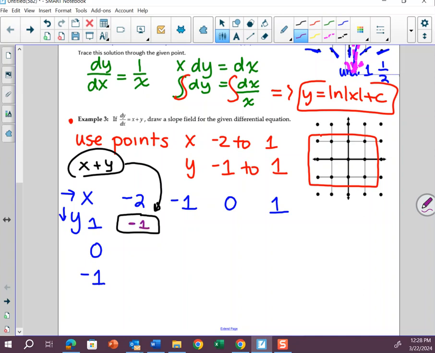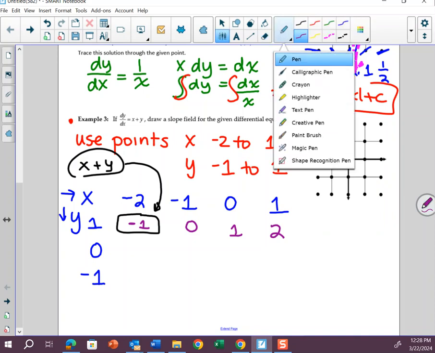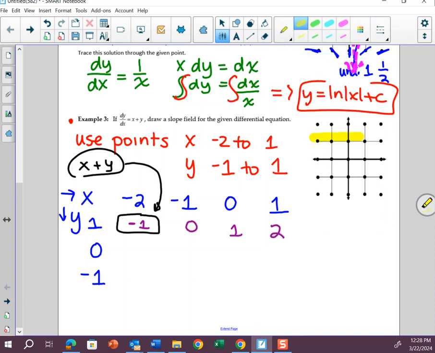Because then I can say, okay, -2 plus 1 is -1. -1 plus 1 is 0. 0 plus 1 is 1. 1 plus 1 is 2. I could actually erase this for a minute. Let me use a little highlighter to highlight the section we're doing.